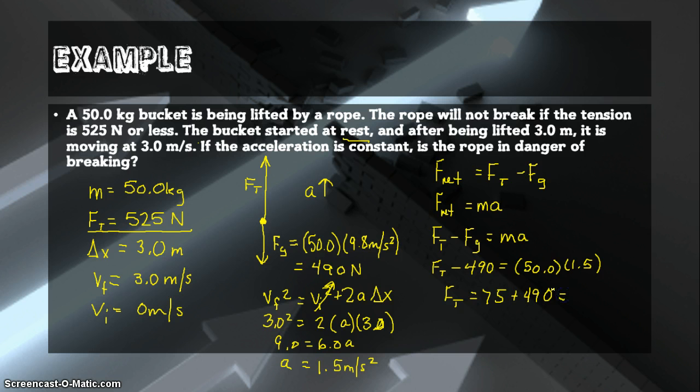So that tension is going to equal 565, which unfortunately is greater than the rope's limit. And if we keep to our sig figs, that should actually be 570 newtons, by the way. But it still, nonetheless, is greater than our 525 newtons. So that rope is going to be in danger of breaking.